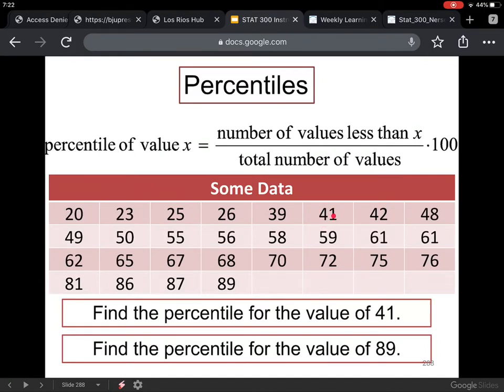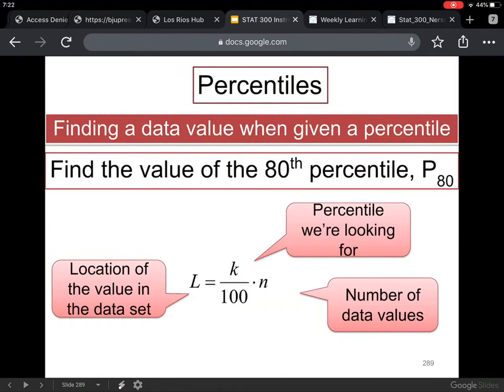But now we have a certain percentile, let's say the 81st percentile. Which one of these numbers would be the 81st percentile? There are several rules that we have to abide by that are agreed upon by statisticians, and they're confirmed by rigorous math, on how to do that.